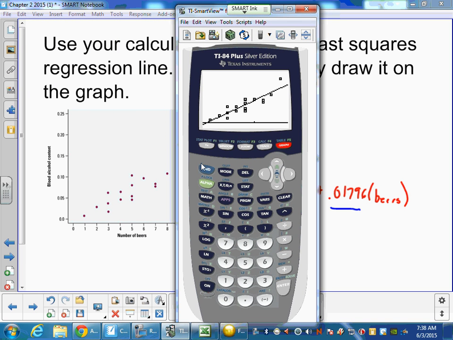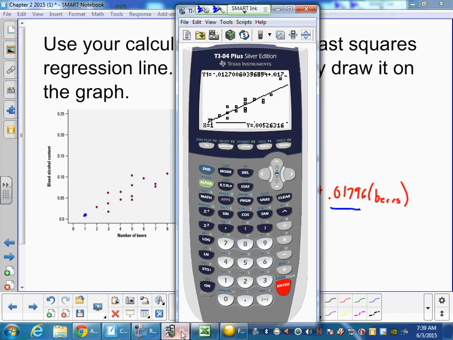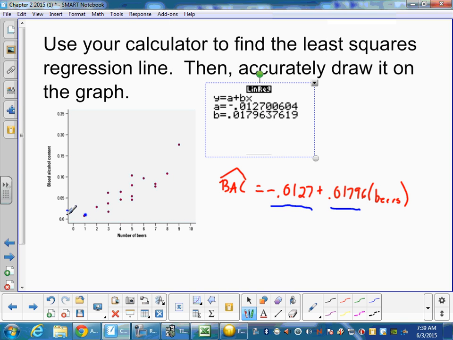So if I want to find the values, I can hit second trace and value. If I put in x equals 1, it tells me that that is 0.005. So 1 is 0.005. So that's right about there. Pretty close to that point, because 0.001 would be here, maybe a little bit lower.